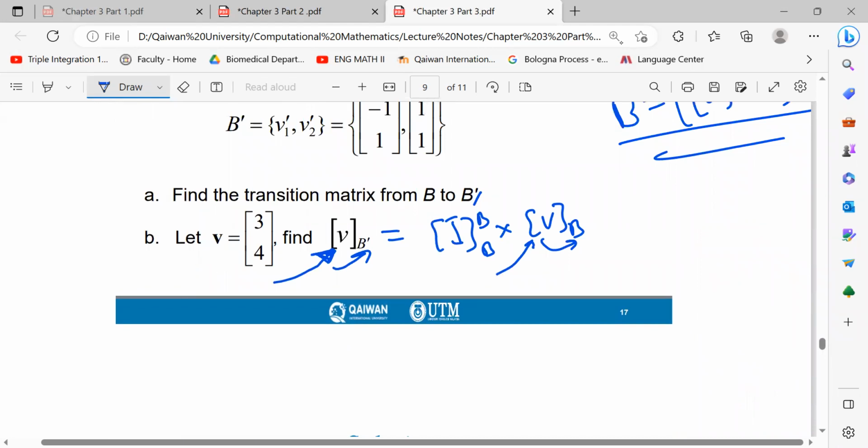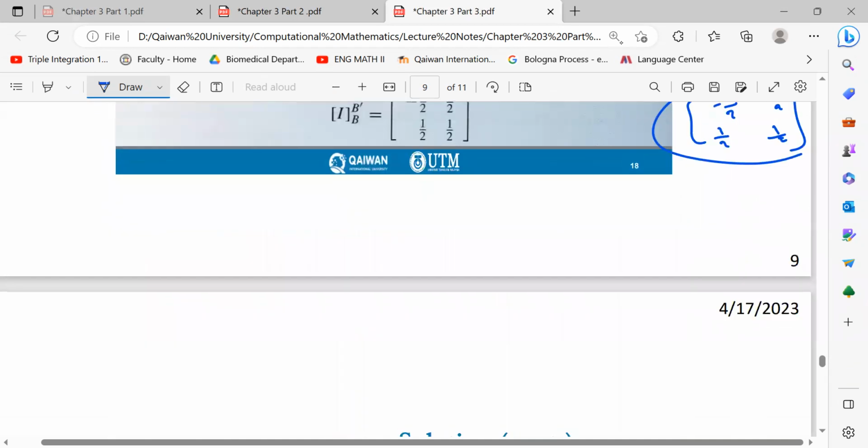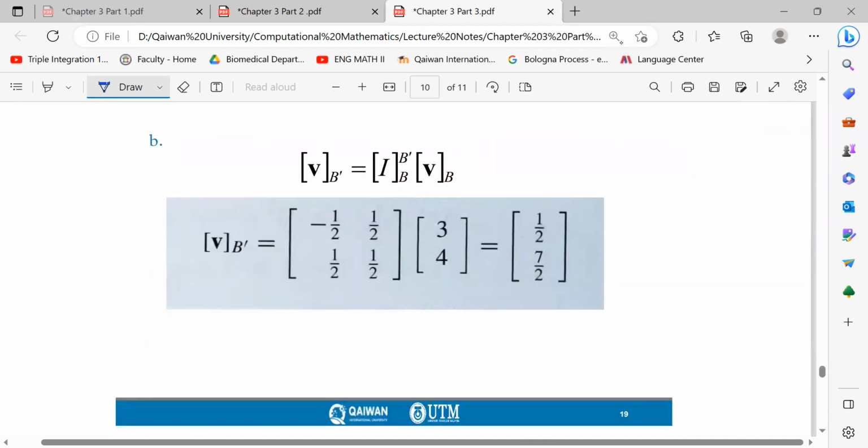To find the coordinate of any vector, we just write down the linear combination of the base members equal to the vector. We say C1 times this plus C2 times this equals V. And find C1 and C2, you will get the result.